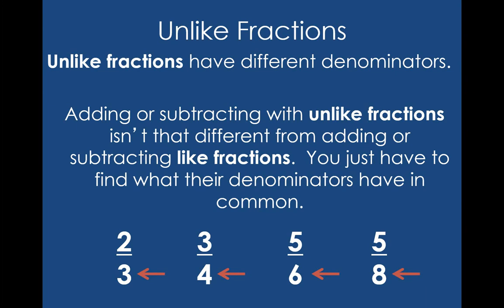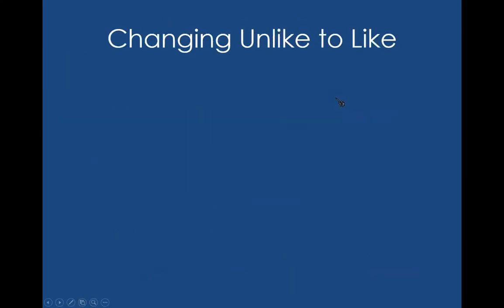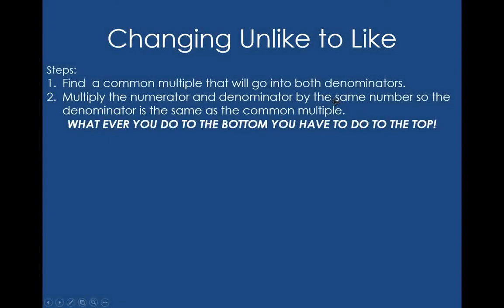You just have to find what their denominators have in common. So, we change unlike to like first. Steps: one, find a common multiple that will go into both denominators. Two, multiply the numerator and denominator by the same number so the denominator is the same as the common multiple. Whatever you do to the bottom, you have to do to the top.